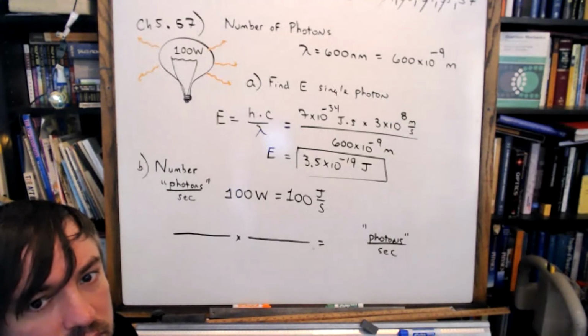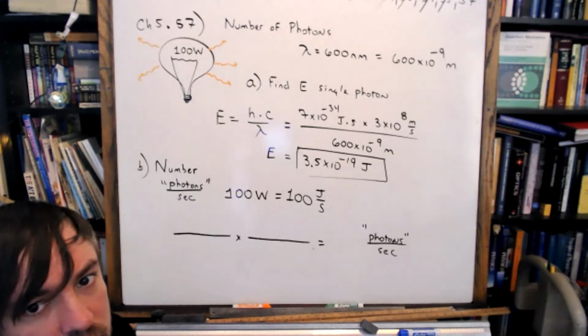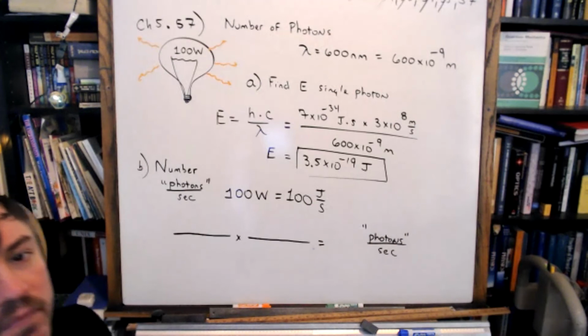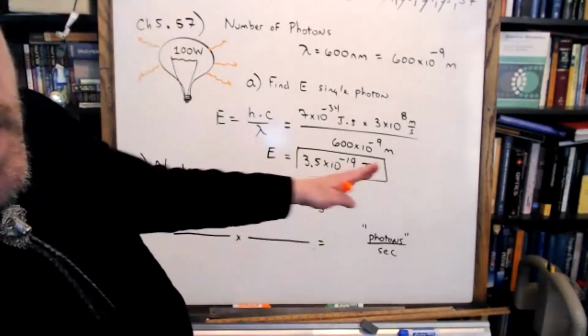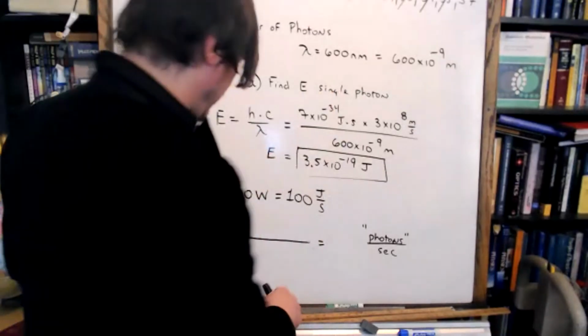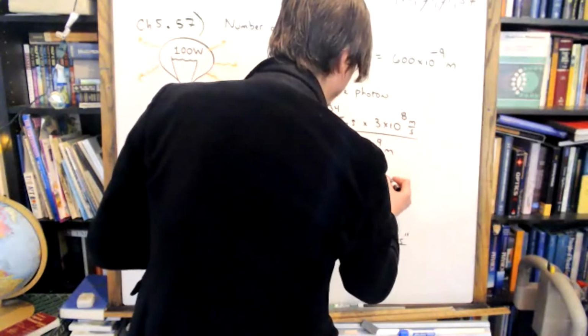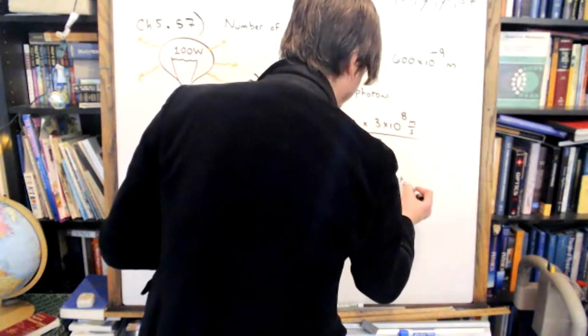Would we be measuring the photons as the answer to A, like the joules? Well, this is the number of joules in a single photon. Yeah. So if you want, Ian, you can imagine this as having units of joules per photon.